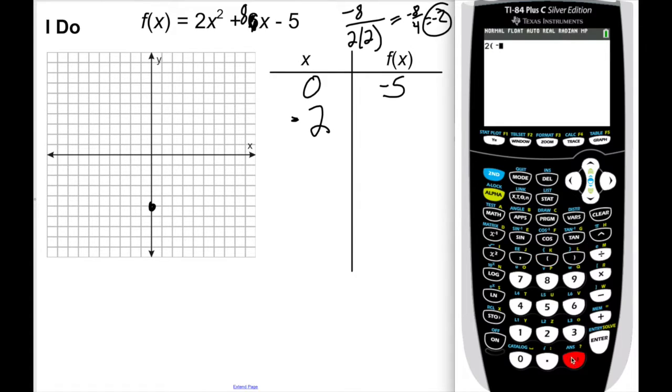So you do your 2, then your negative 2 squared. See how that looks just like plugging in negative 2 for x? Plus 8 times negative 2 minus 5. See what we get. Negative 13 is what we get.